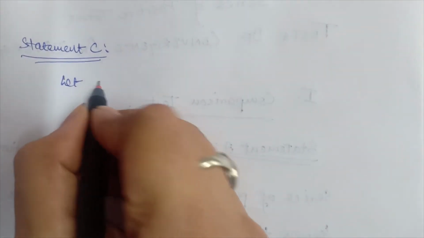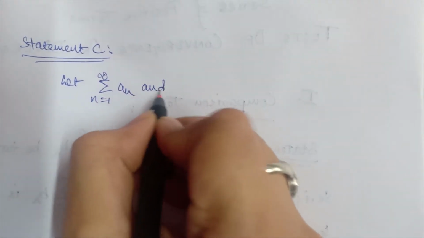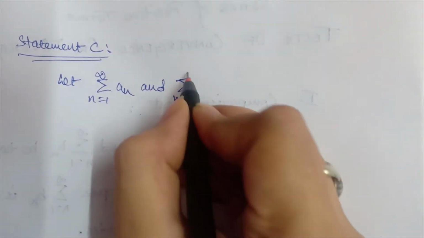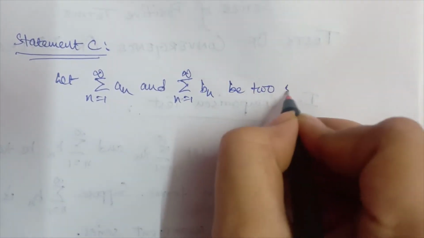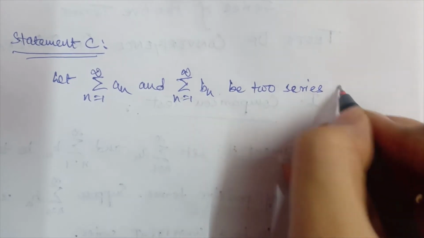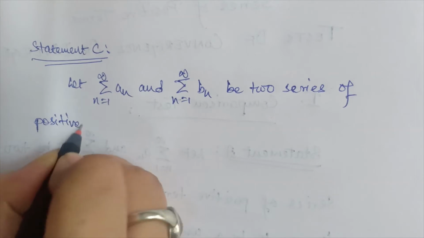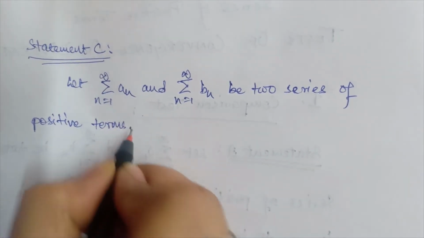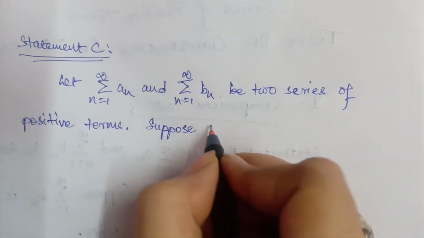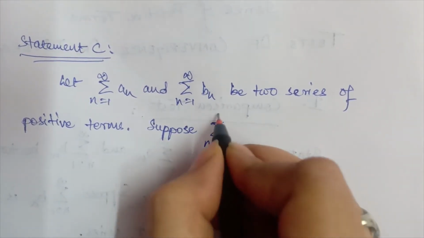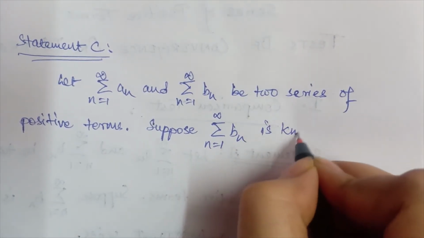So let summation n equals to 1 to infinity an and summation n equals to 1 to infinity bn be two series of positive terms. Suppose summation n equals to 1 to infinity bn is known to be convergent.